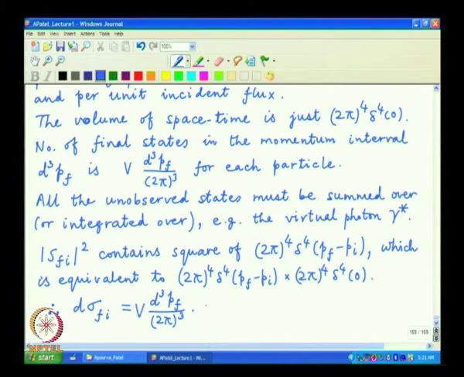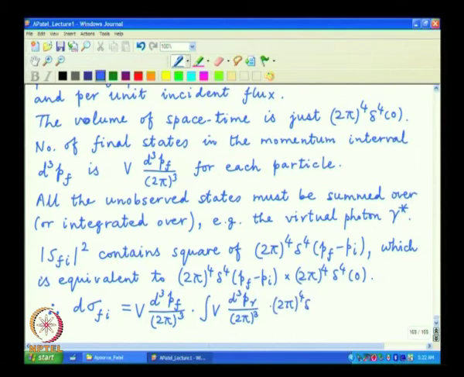Then there is a photon volume, which we must integrate over, because we do not see that photon at all. It gets captured by the static target, and then there are all the factors which are part of S f I square.